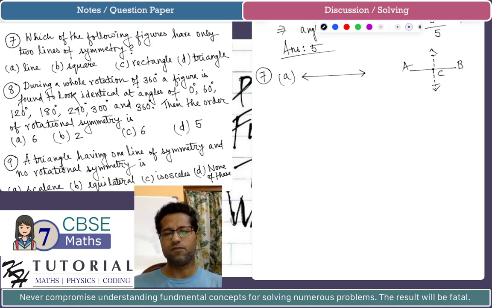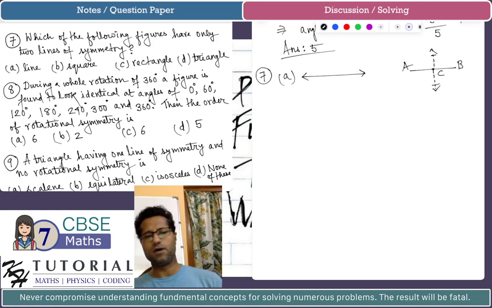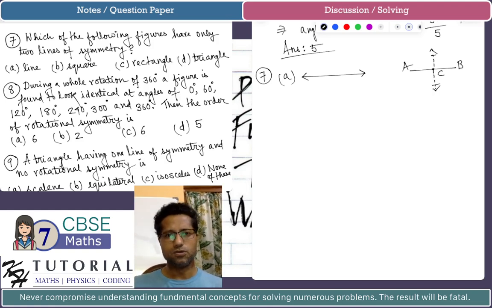A line of symmetry for a figure will divide that figure into two equal halves that look identical, and no line will ever divide a straight line into 2 equal halves. So for A, the number of lines of symmetry is 0. A straight line has no lines of symmetry. So definitely this is not a choice, because we have to find the figure which has two lines of symmetry.